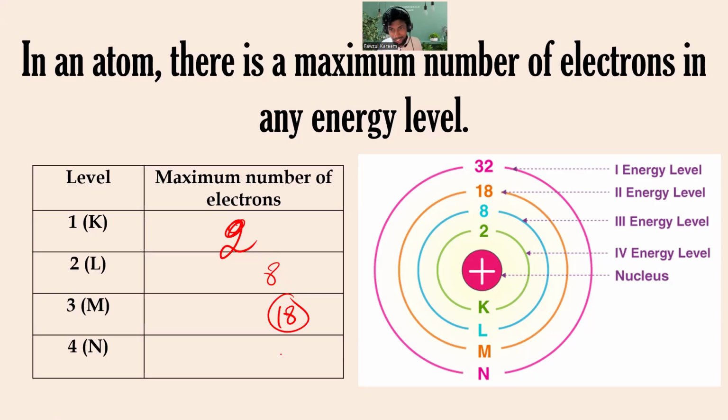And in the fourth energy level, we have space for 32 electrons. Is it clear? First energy level, we have 2. Second energy level, 8. Third energy level, 18. Fourth energy level, 32 space, or 32 electrons can be there in the fourth energy level.